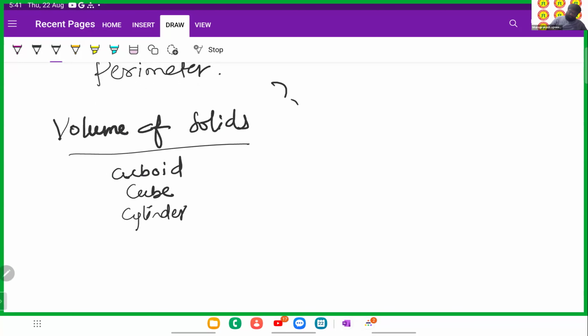These are the basic things. Before discussing in detail, let's revise basic concepts. Mensuration is nothing but calculation of area, perimeter, or volume of a given geometrical shape. What are the geometrical shapes you discussed in 6th and 7th classes?